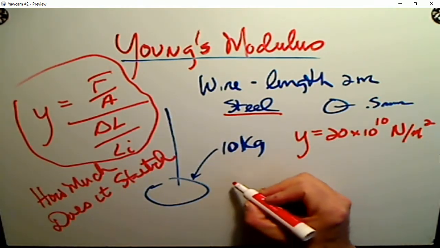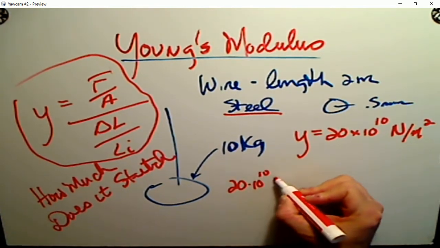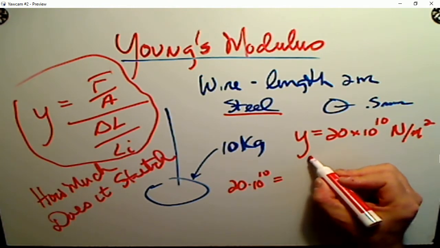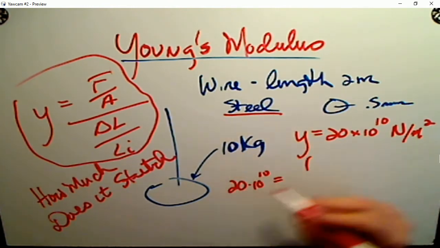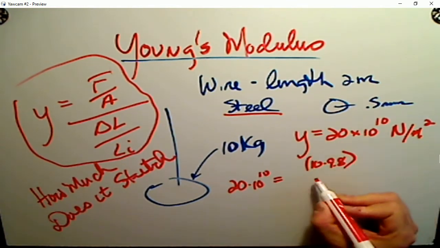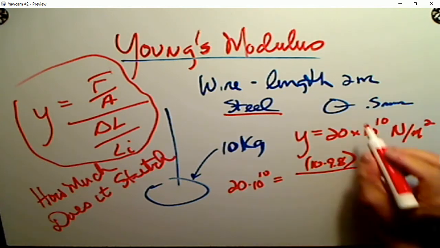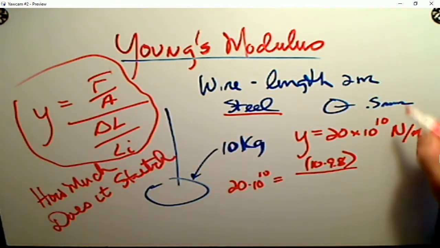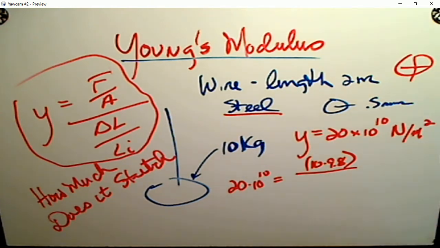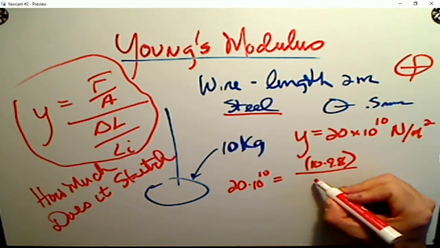I know that 20 times 10 to the 10 is equal to the force, and the force I'm applying on it is 10 kilograms times 9.8 for a given area. Now the cross-sectional area of a wire, if I'm looking straight down into the wire, is, of course, pi r squared.